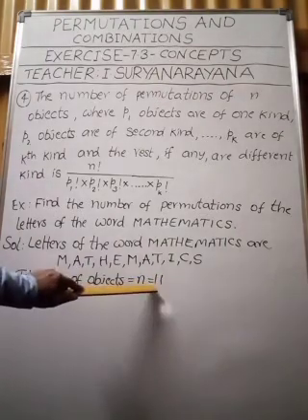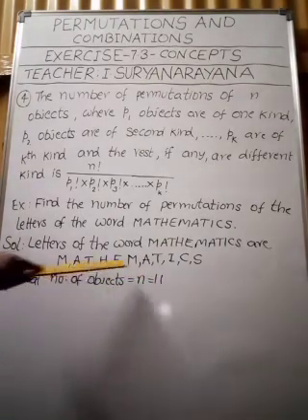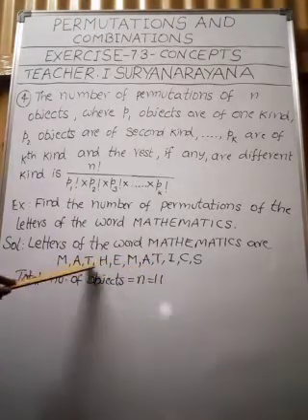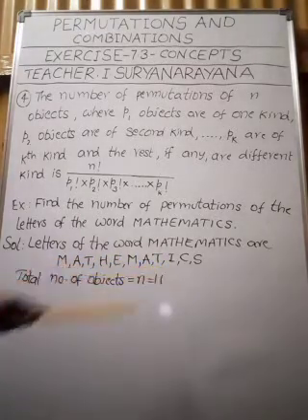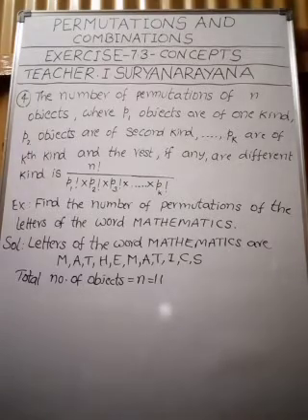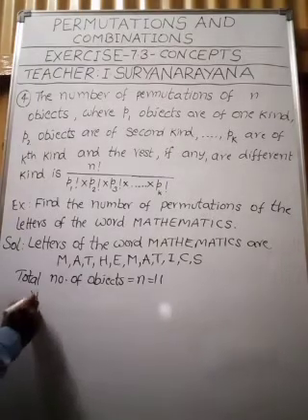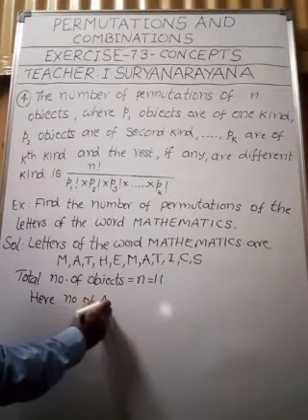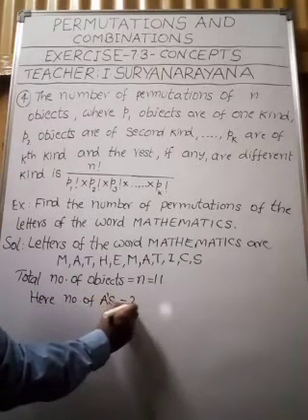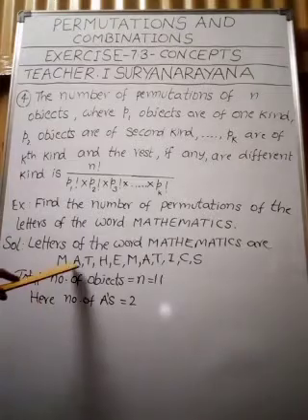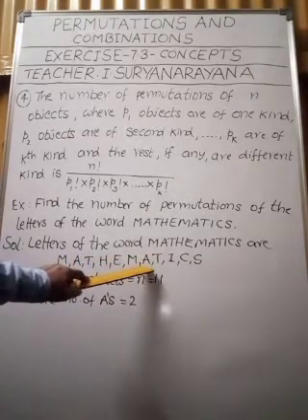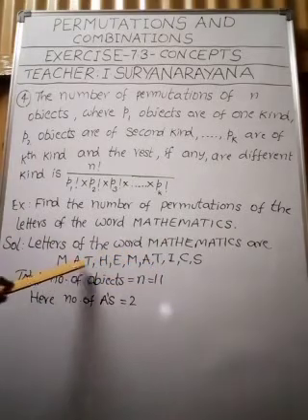Out of these 11 letters, 2 A's are there, 2 M's are there, 2 T's are there. Yes or no, my children? These two letters A are identical, of the same kind.